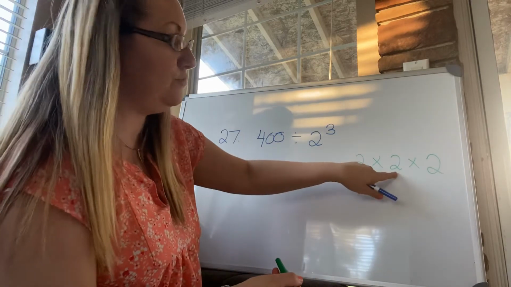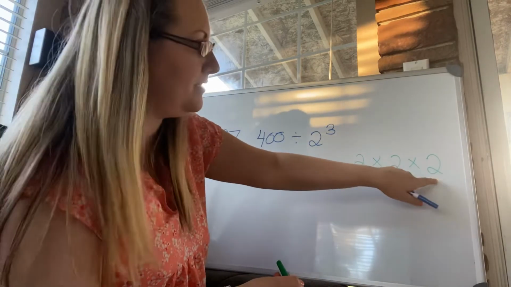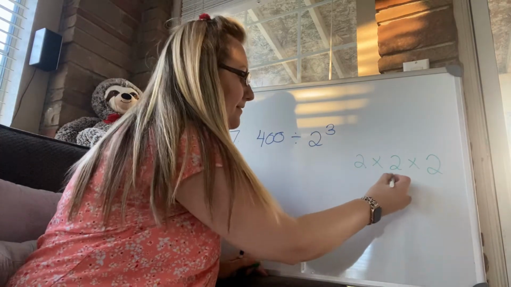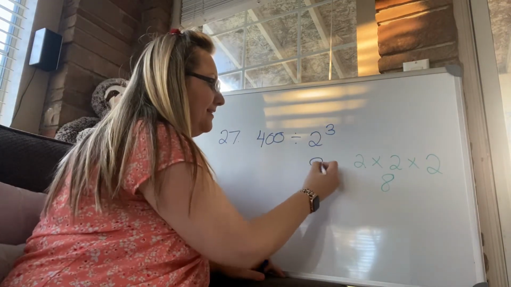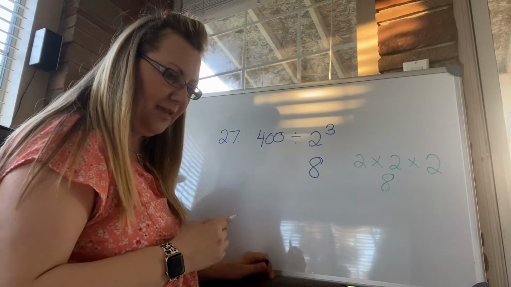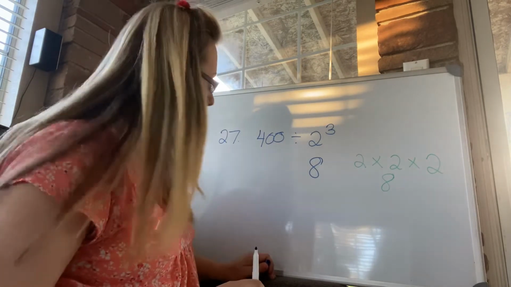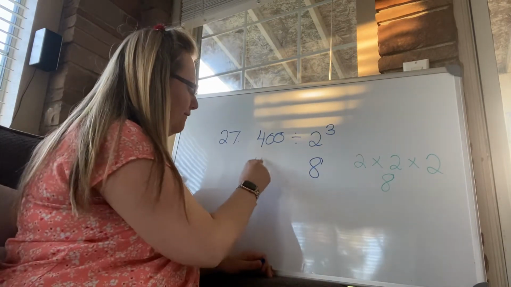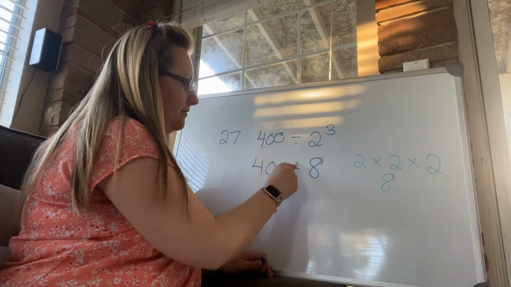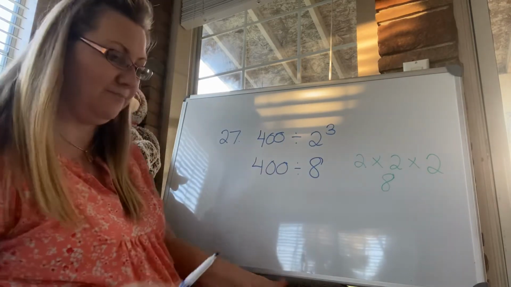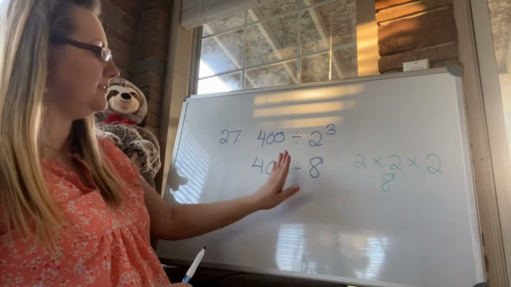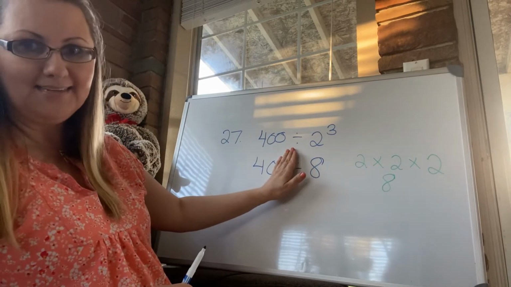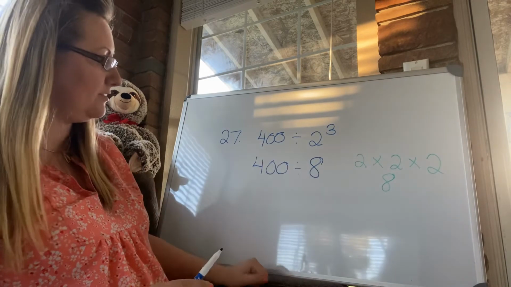So 2 times 2 is 4, times another 2 is 8. So all of this 2 to the third power, remember, is 8, right? And what do we have here? We have 400 divided by 8. Now, maybe some of you are thinking, okay, that's not so hard. It's the same as 40 divided by 8, and add a 0 to that answer.